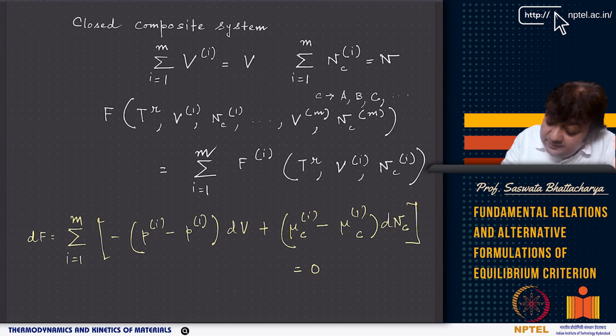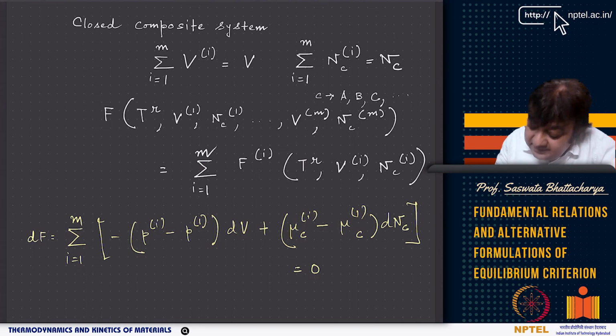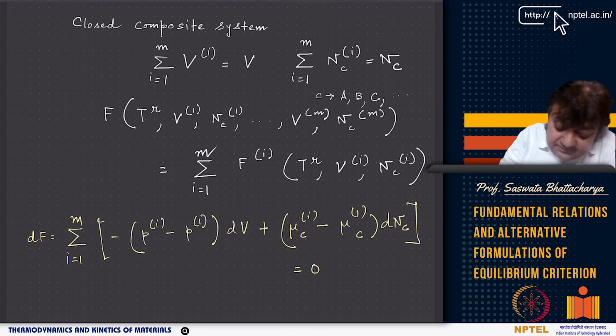Then you also have the summation of the components, N_c, where small c is the component: capital A is component A, then component B, component C, and so on.